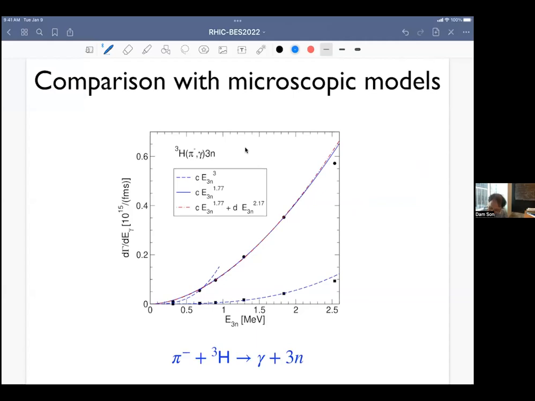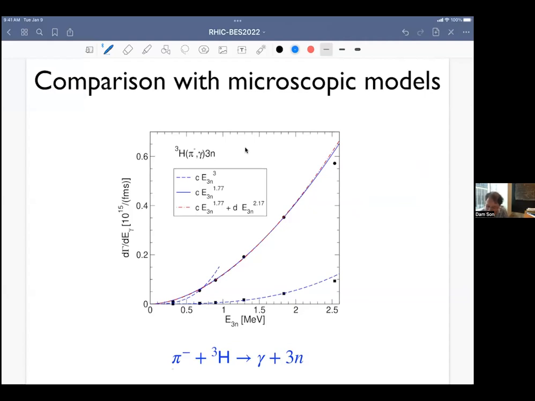These reactions that we have here, I forgot to put the reference, but this is a reaction where we have a pionic atom decay, consisting of a pion, pi minus, rotating around a triton.